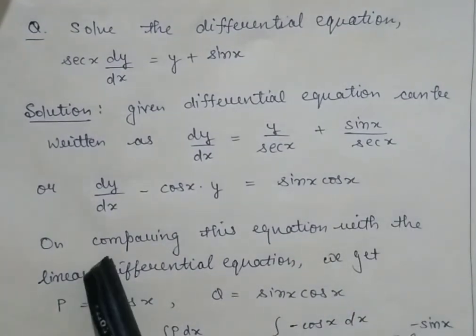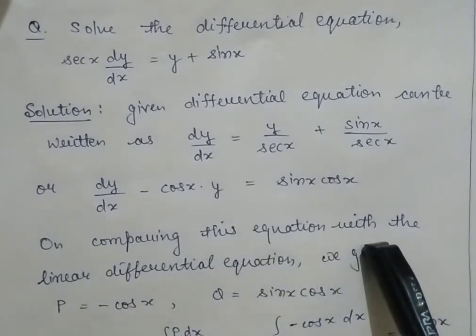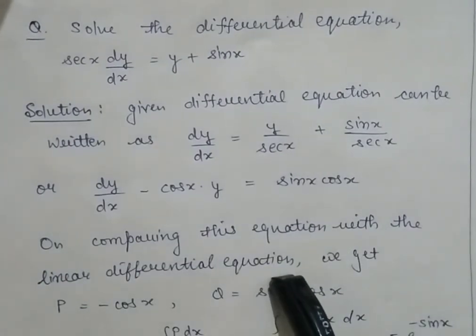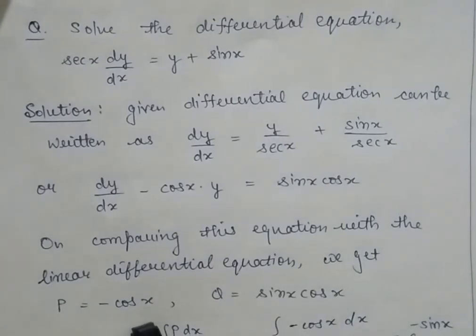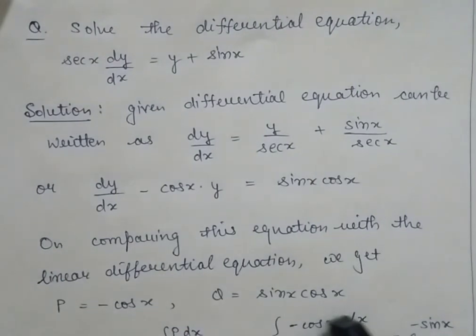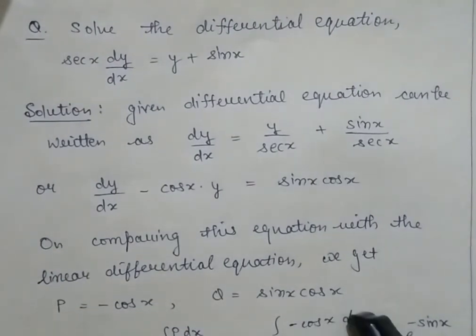Now on comparing this equation with the linear differential equation, which was dy by dx plus py equal to q, we get p equal to minus cos x and q equal to sin x into cos x.